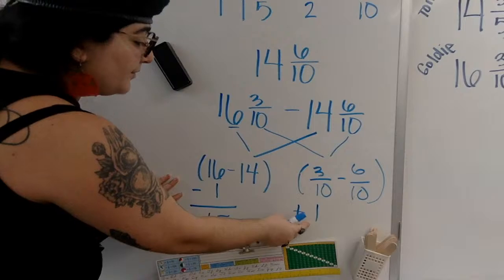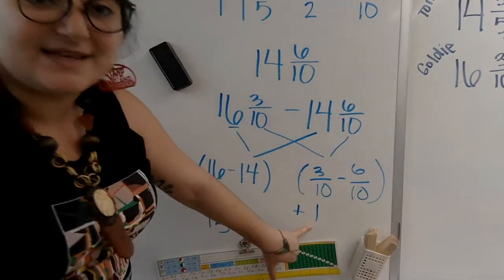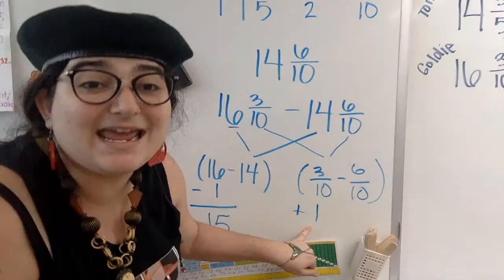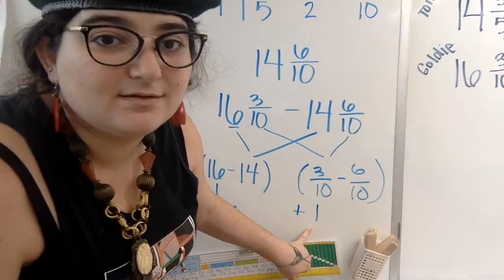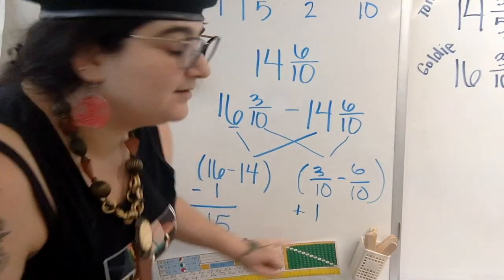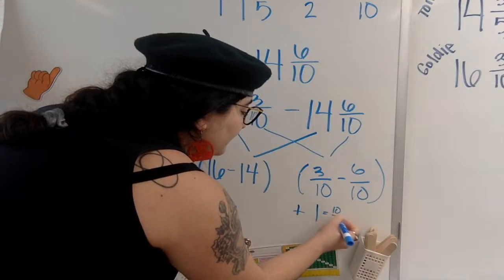But hold up. I'm not going to add this whole number. I'm going to actually say, well, I know that this 1 is the same as 10 over 10. Did you catch that? This 1 is the same as 10 over 10.